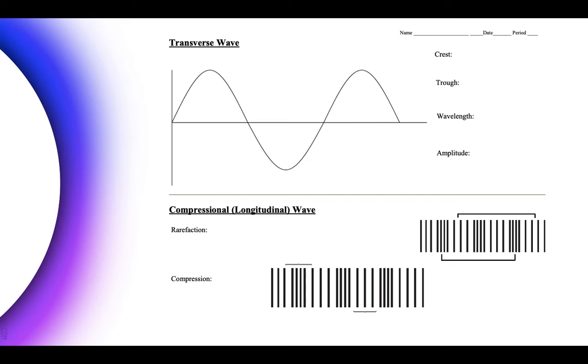All right. So longitudinal or compressional, we need to figure out which ones are rarefied and compressed. So look at what they're pointing at. Are these closer together or are they farther apart? Look here. This one and this one are closer together.